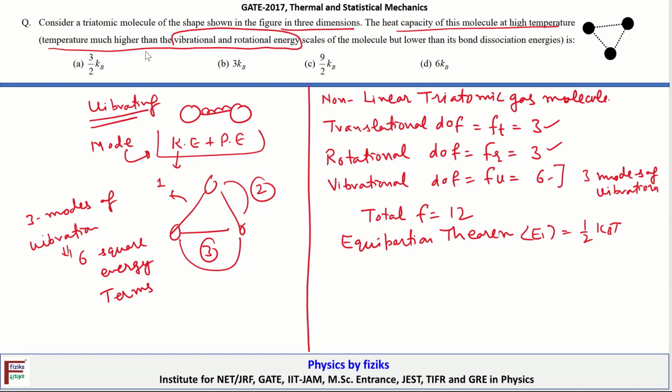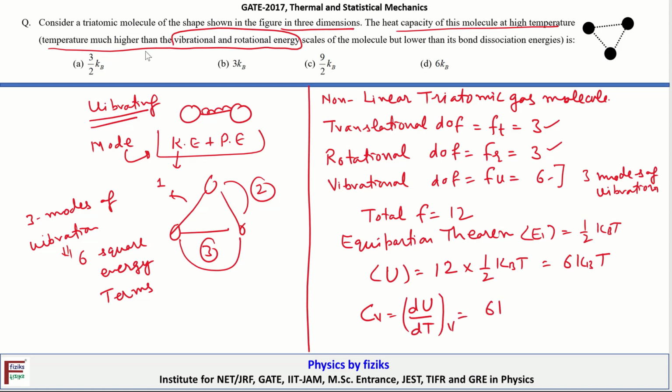So here the total energy of the system, that is U, is equal to the number of degrees of freedom, which is 12, multiplied by the contribution from each single degree of freedom, that's 1/2 kT. This is 6 kT. So that means the heat capacity contribution, that is equal to dU by dT at constant volume, is equal to 6 k B. So therefore option D is the correct one here.